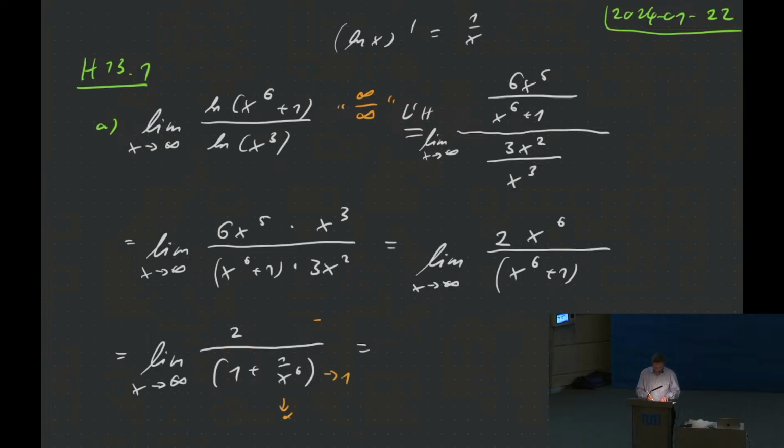That means this tends to 1, this tends to 2, so we get 2. And obviously that is a finite value, so the limit exists. And that means L'Hopital's rule may be applied in the first place.